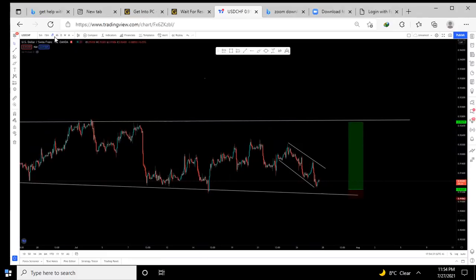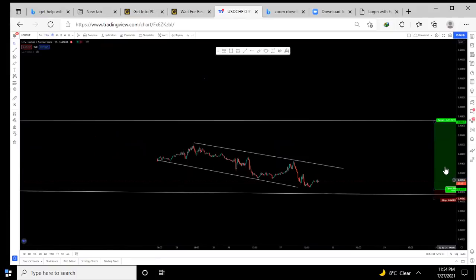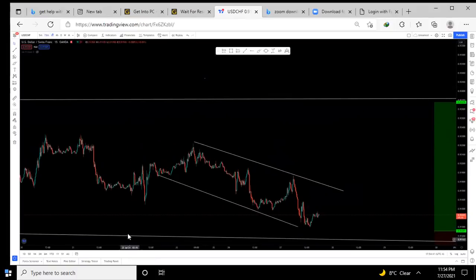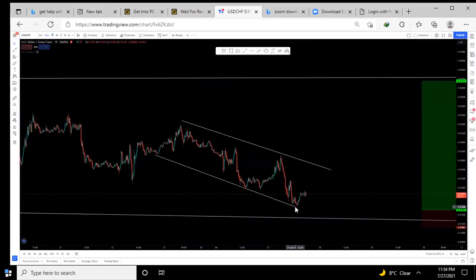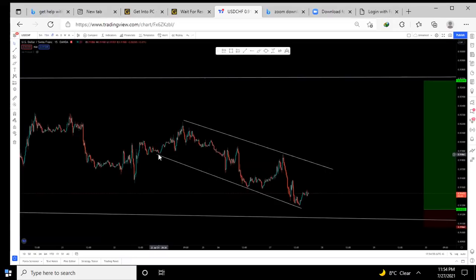So from the H1, I'm gonna go to the M15. On the M15, guys, you can see that the market is still moving in a proper way.